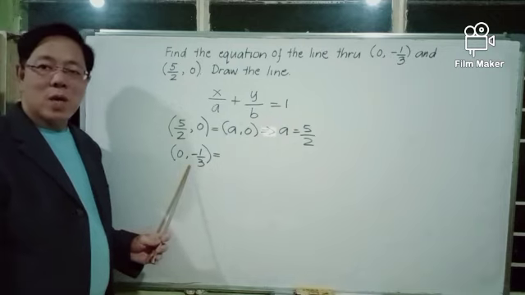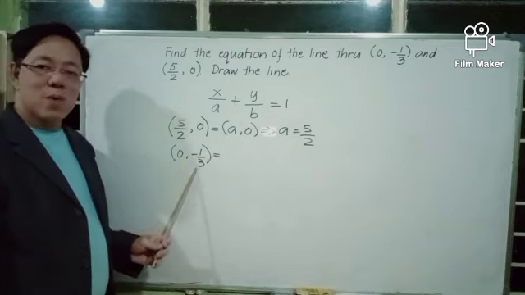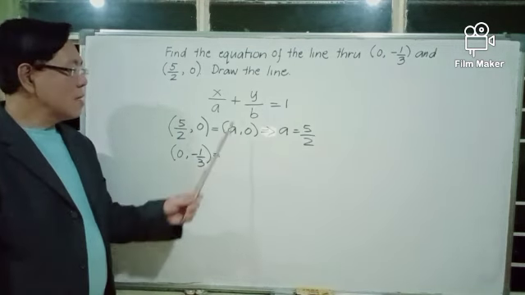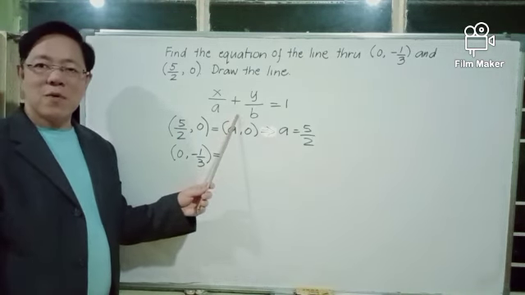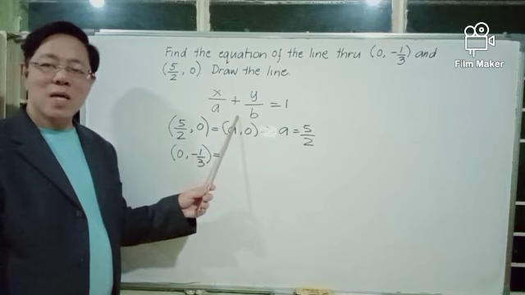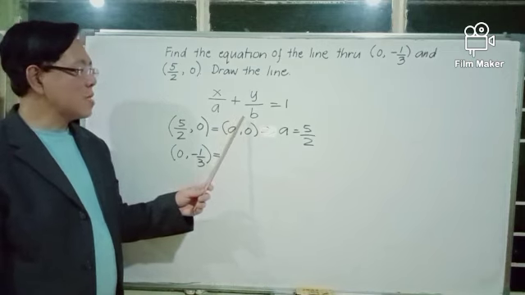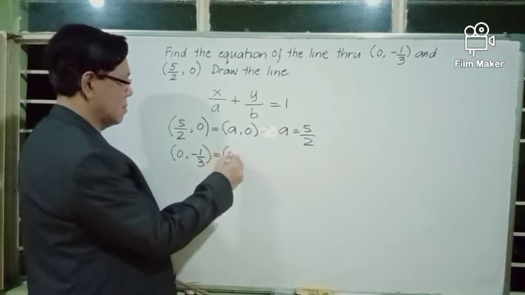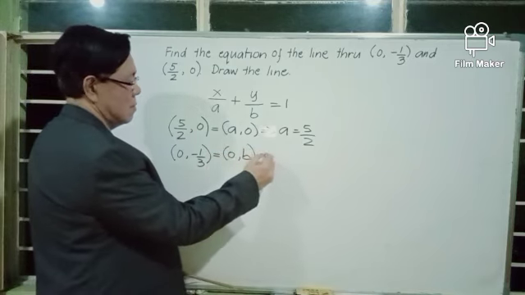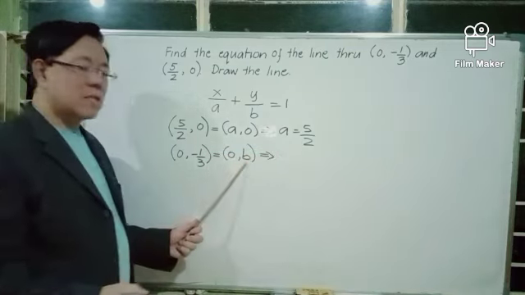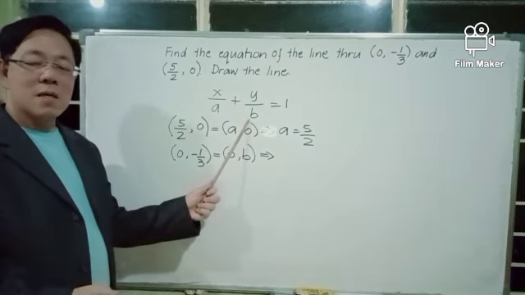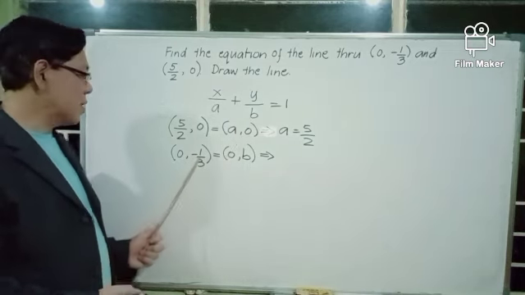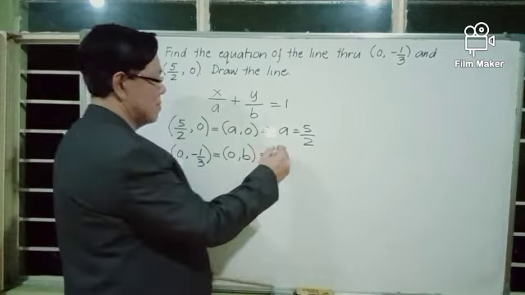This is a point on the y-axis, and the line will pass through this point on the y-axis. In this intercept form of equation of the line, the y-intercept has coordinates (0, b). This implies that b in the intercept form is negative 1/3.